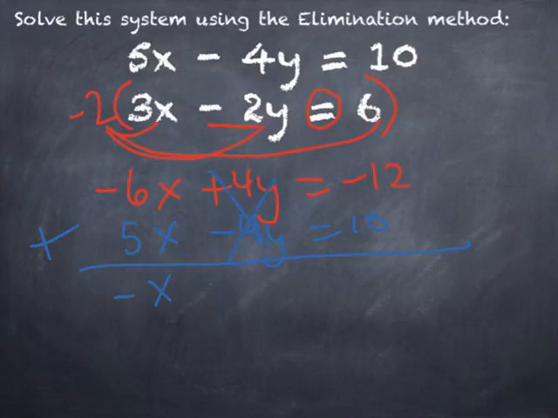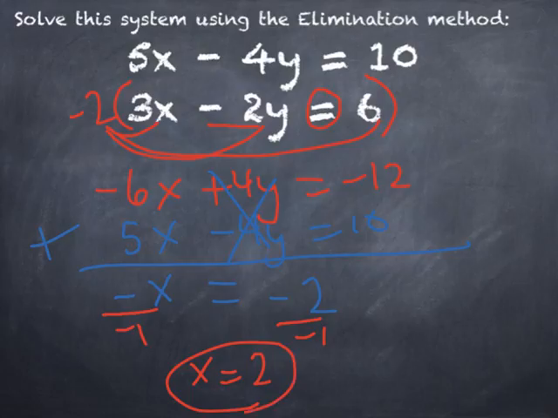My y's canceled, which is what I wanted to happen. And when I add these two, I get negative 2. Okay, so negative x equals negative 2. If I divide everything by negative 1, I get that x equals positive 2.